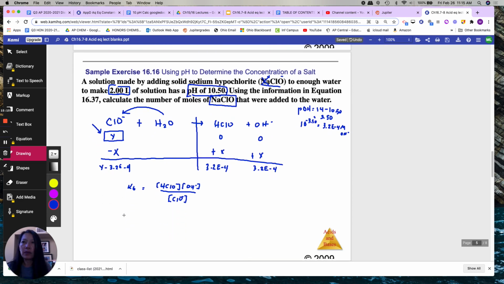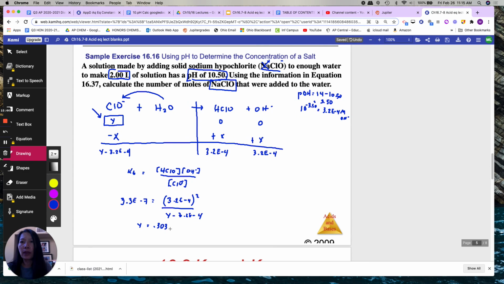So it'll be 3.3 E negative 7 is equal to 3.2 E negative 4, and you have two of them, so you have to square that, divided by Y minus 3.2 E negative 4. Solve for Y, and you're going to get 0.303. Okay, so that number is the molarity of ClO minus.